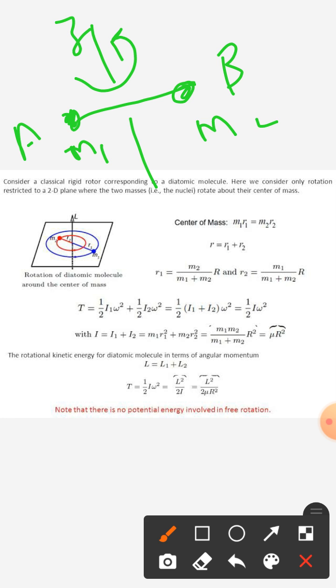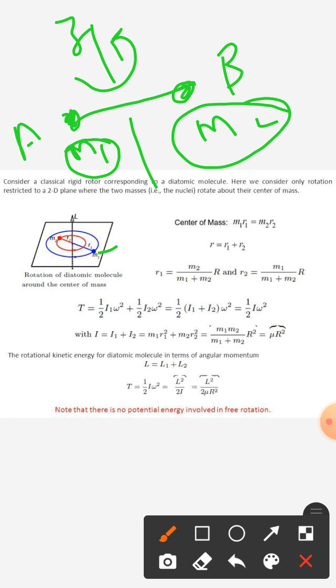So we adopt a term which includes the resultant mass of m1 and m2, that is called the reduced mass. So let's consider it here. We have a system in 2D.